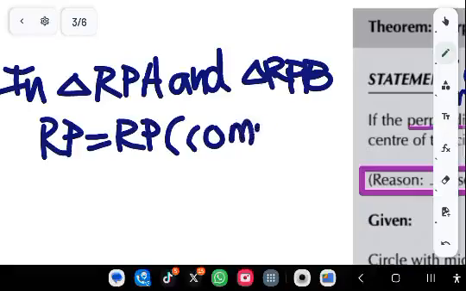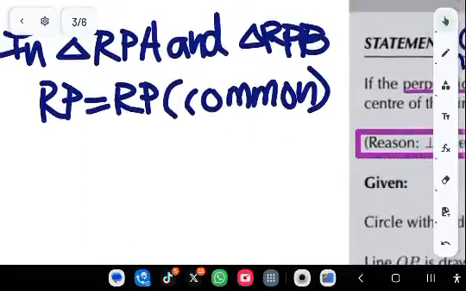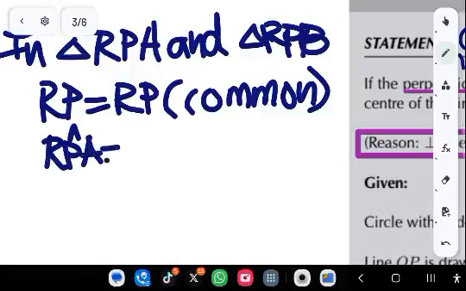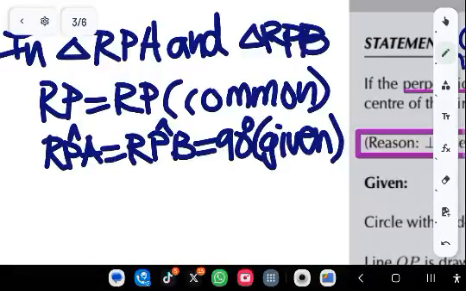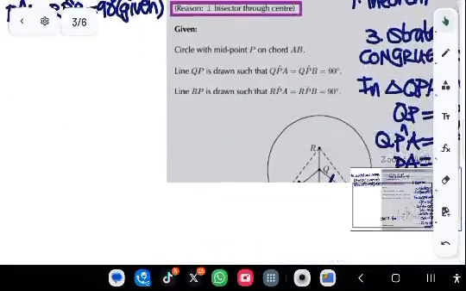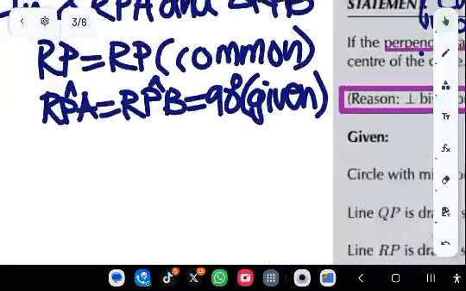That is the common side. Next, angle RPA equals angle RPB, both equal to 90 degrees, and this is given. And lastly, PA equals PB, that is also given.